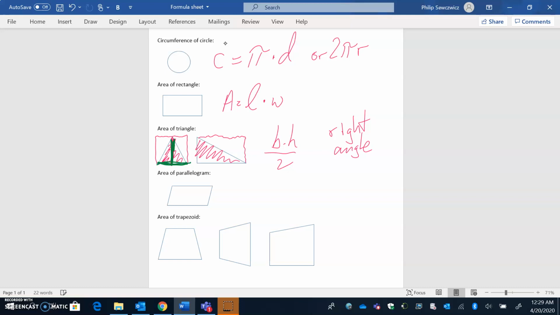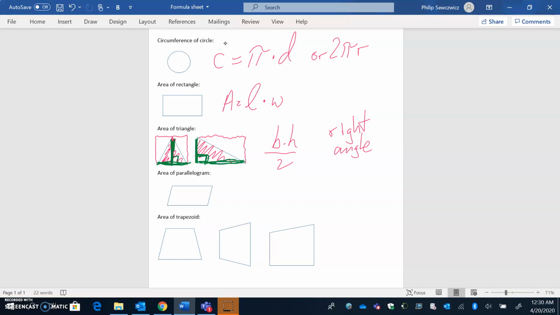They would have to give you that information because that's where the right angle would be. Not this side of the triangle, because that's the leaning side. For this one, there's your height, there's your base, so that would be your right angle. But the main thing is if you can find the right angle symbol, that's your base and that's your height.